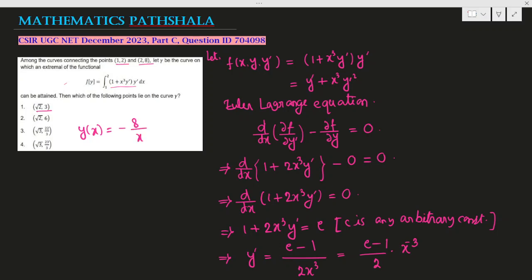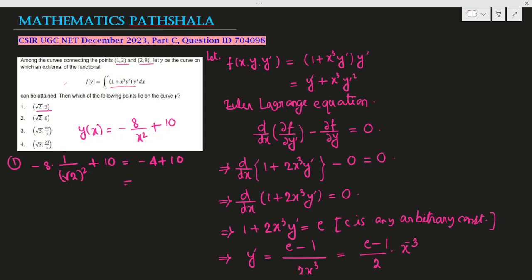Here we get y(x) is equal to minus 8 by x square plus 10. So if we put x is root 2, we get minus 8 into 1 by root 2 whole square plus 10. So here we get minus 4 plus 10.